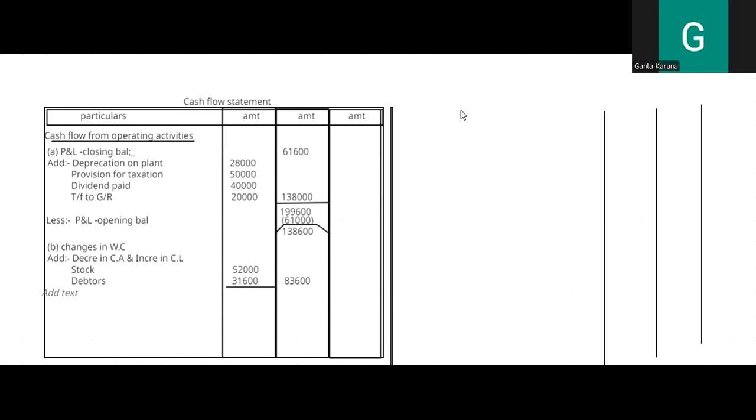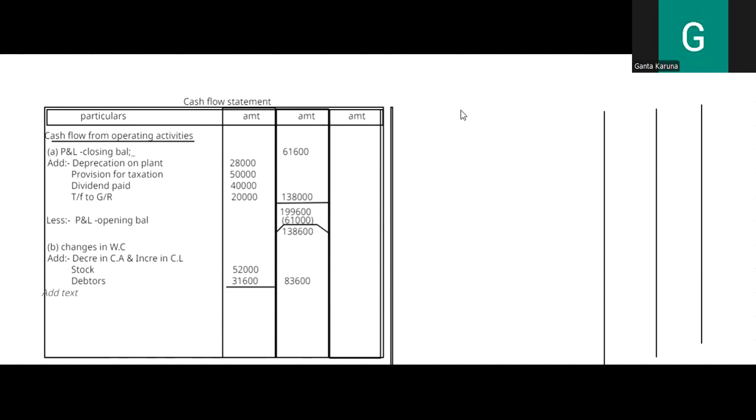So that's the first one. Bank loan, which is decreasing by 1,40,000. And the second one we got is creditors, which is again decreasing by 30,000. So on these things we have to take.